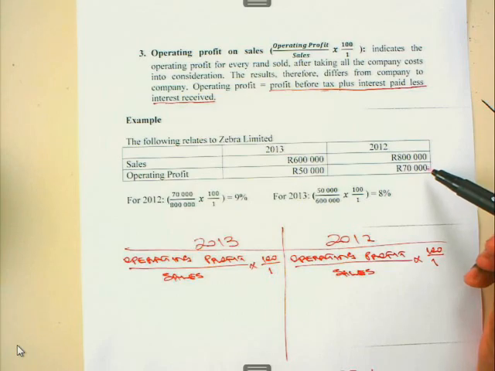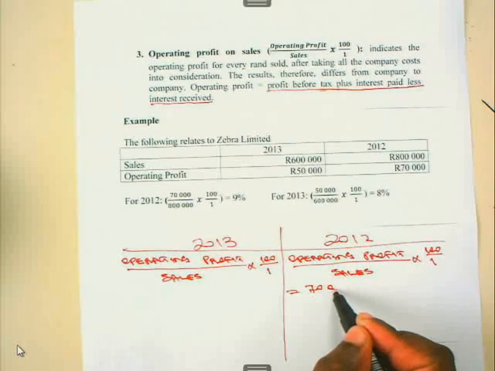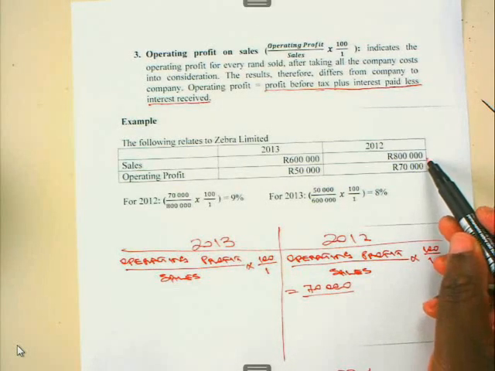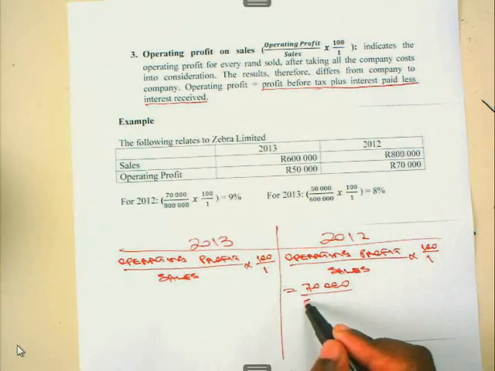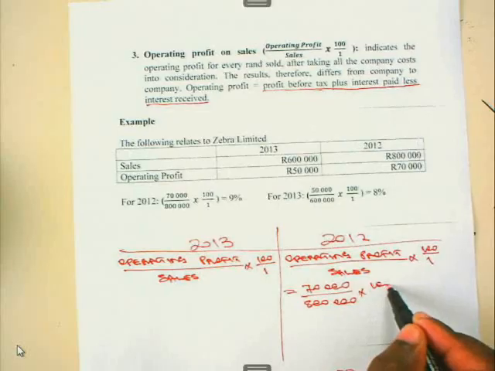Our operating profit is 70,000. We divide that by the sales of 800,000. We multiply that by 100 over 1.